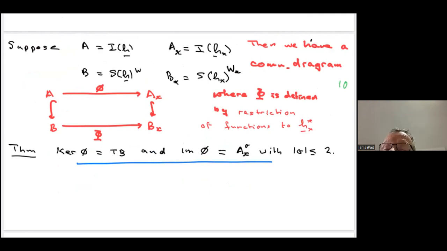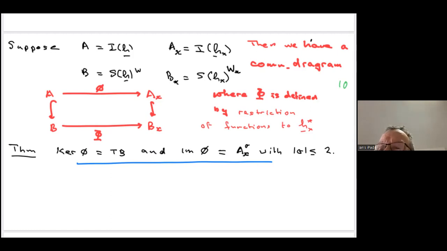The kernel is just T times B, which is very good because it means that the image is A over T times B, and that's the algebra we're interested in. Sometimes the map phi is surjective, but at worst, the image is the fixed ring under an automorphism of order 2.